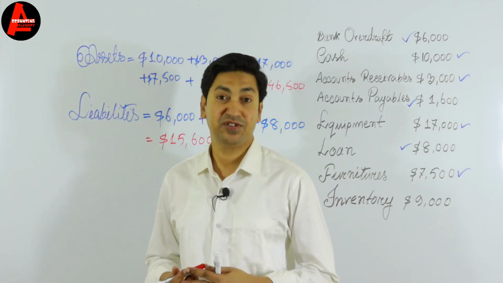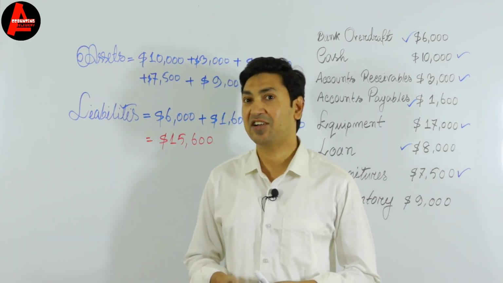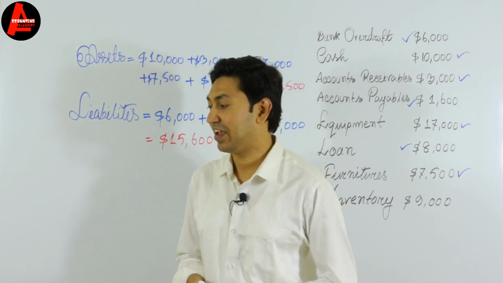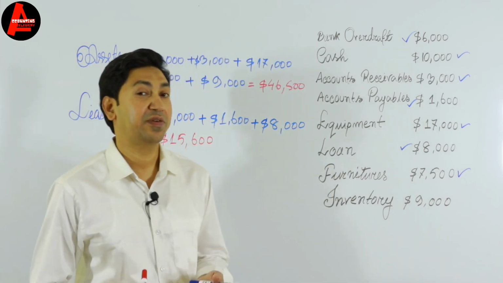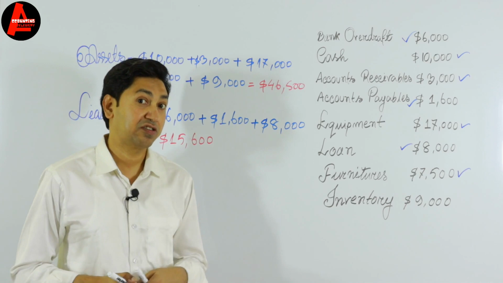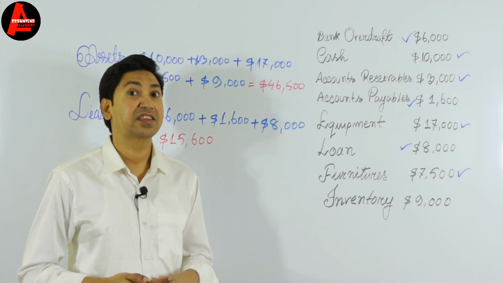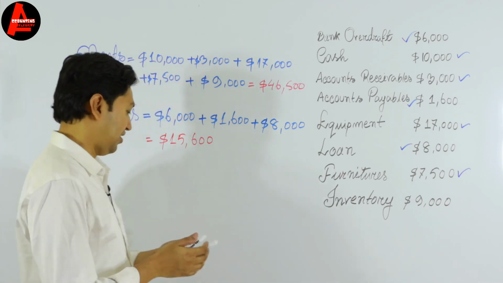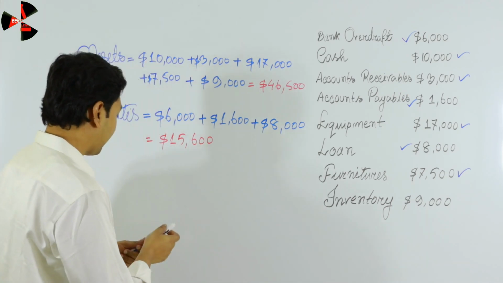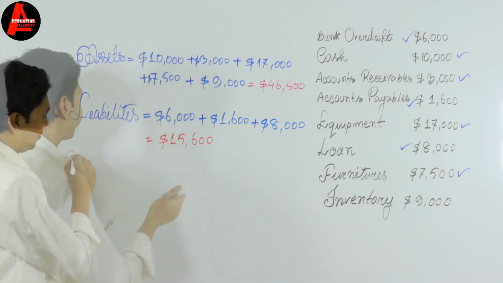Now what to do? Now we need to know the accounting equation. So already you know it is very simple. Accounting equation equal to what? Assets equal to capital plus liabilities. So let us write here accounting equation.